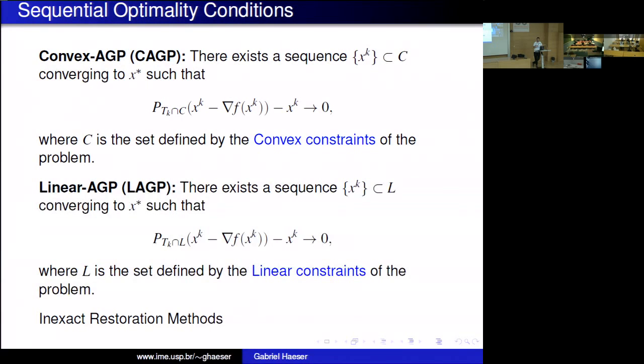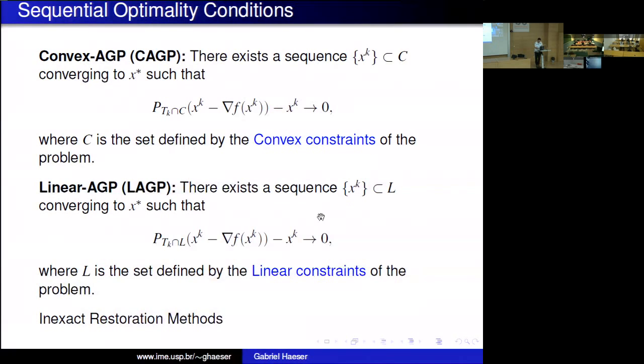Your subproblems were built in such a way that you minimize another function, but these constraints should always be fulfilled. So if this forms a convex set, you can form this other kind of optimality condition called the convex AGP, where you project in the intersection of T and this convex set, and the sequence xk is always inside the set C.